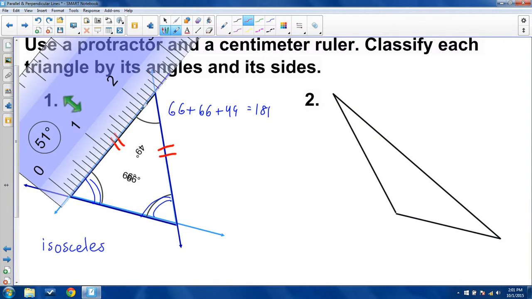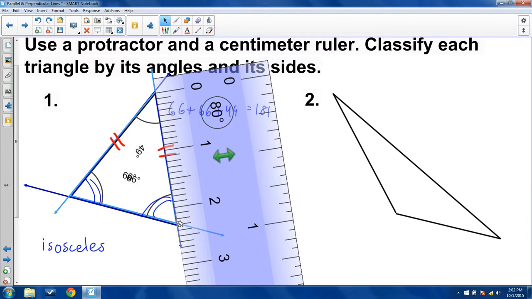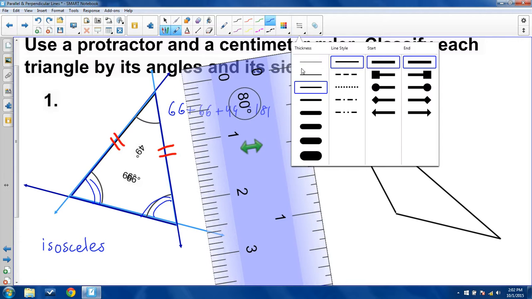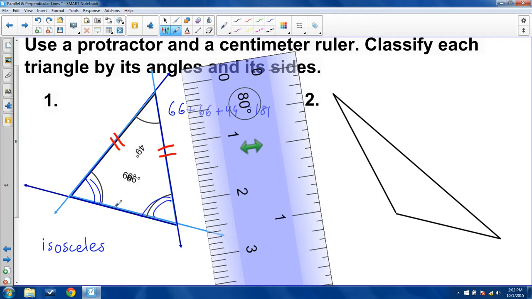So this first leg right here looks to be about 2.3 centimeters long. And the second leg right here also looks to be about 2.3 centimeters long. And the third one will be the shortest one. Let's ignore that one for now. We know that these two are congruent, so we're looking at an isosceles triangle. And more specifically, all the angles are less than 90 degrees, so it is an isosceles acute triangle. And that's what that one is.